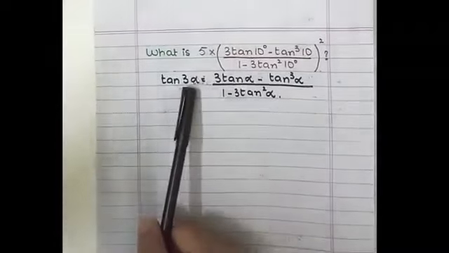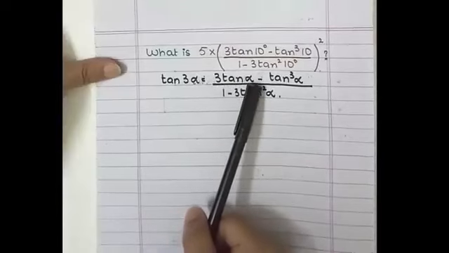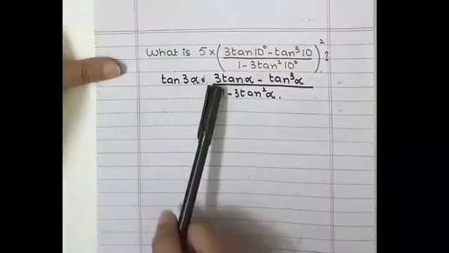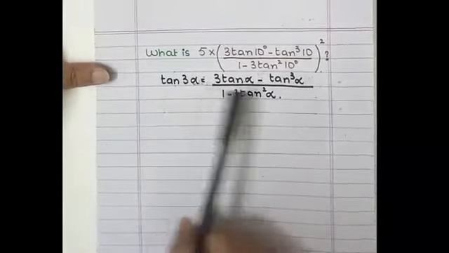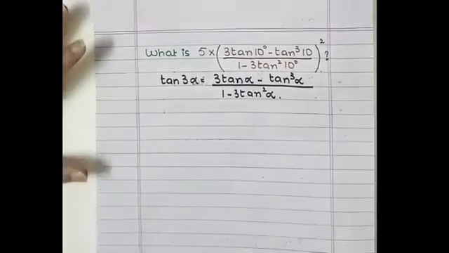Here we have tan 3 alpha, which is equal to 3 tan alpha minus tan cube alpha divided by 1 minus 3 tan square alpha.